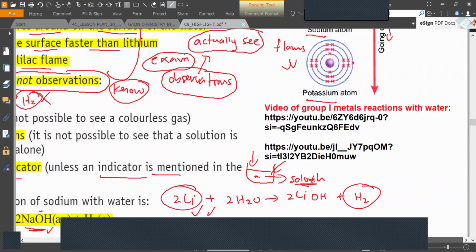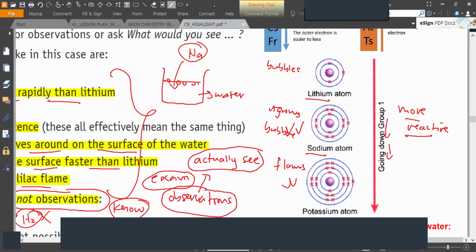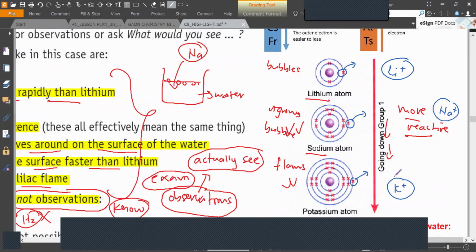For the group one reaction, what kind of reaction happens? What happens for group one is we lose the outer electron to form lithium ion plus 1. We form the sodium ion plus 1, and then we form the potassium ion plus 1. So how the reaction happens depends on losing the electron.